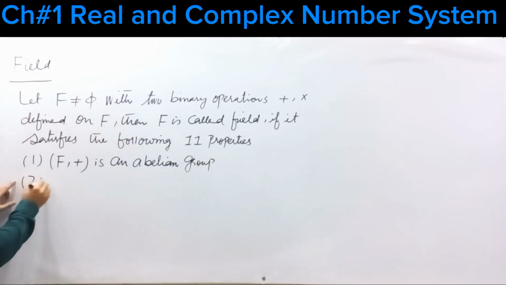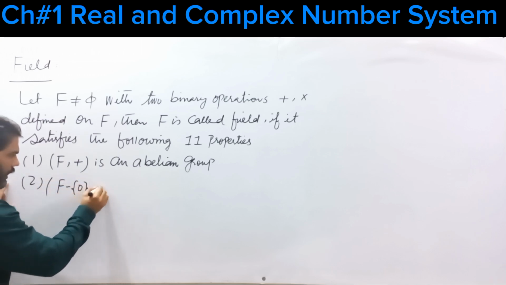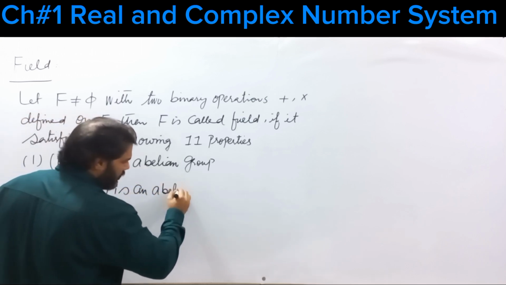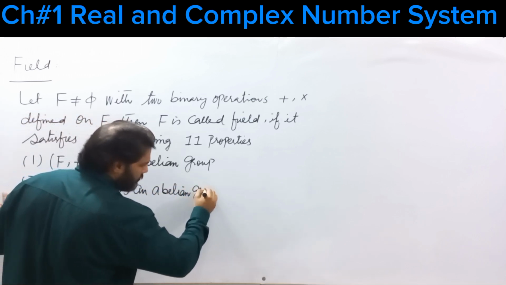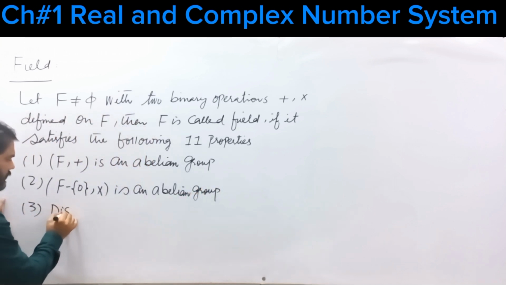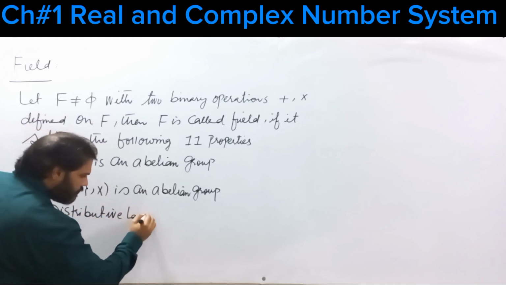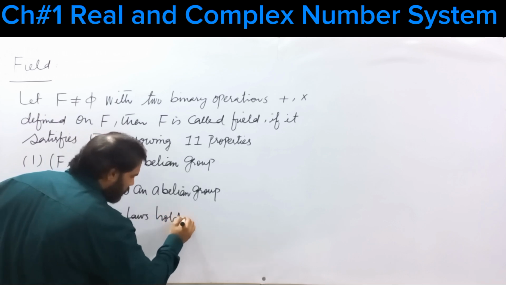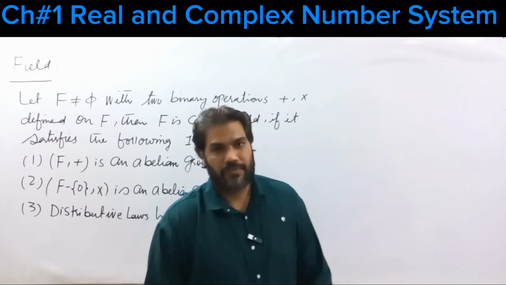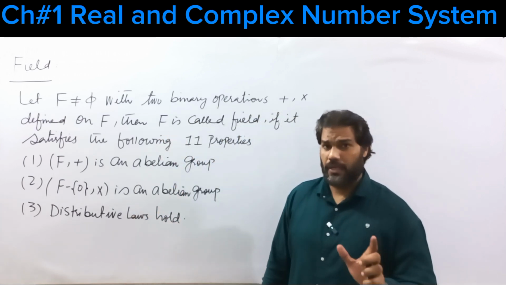The second one, the non-zero elements of F, that can be written as F minus 0, under multiplication is also an abelian group. The third one, distributive laws hold. So if a non-empty set F satisfies these 11 properties, then such a set F is called a field.